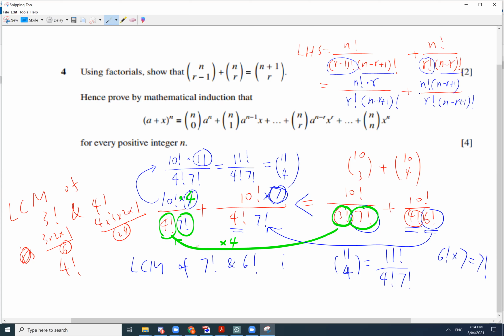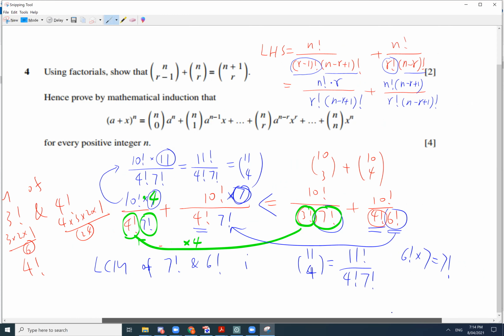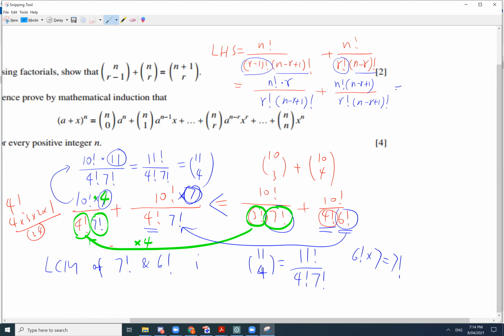Now, if you combine these two, they all have n factorial. Take it out: r plus n minus r plus 1. This part just gives you n plus 1, which means n plus 1 factorial over r factorial times n plus 1 minus r factorial.